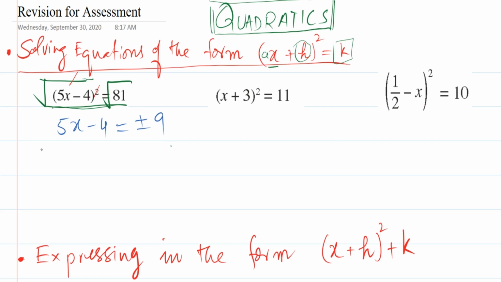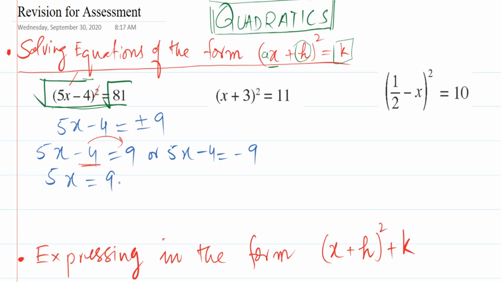So we have two options: 5x minus 4 is equal to 9, or 5x minus 4 is equal to minus 9. So 5x is equal to 9 plus 4, as I shift minus 4 from left to right. This minus 4 means 4 is being subtracted, so when we shift it to the right, it becomes plus.